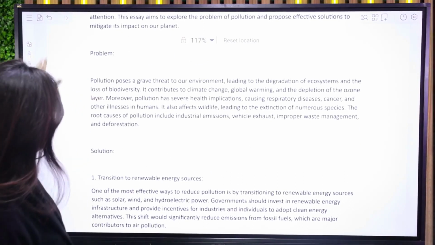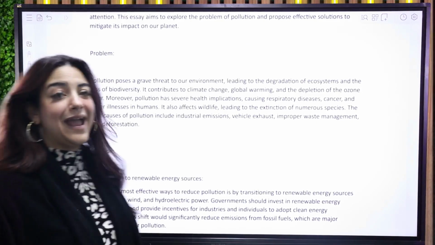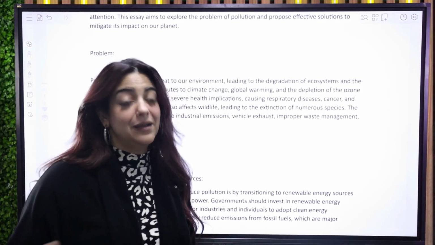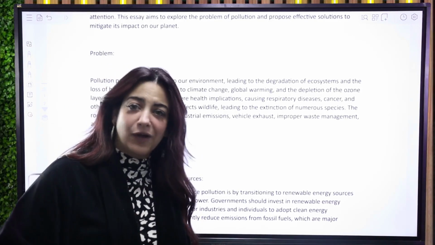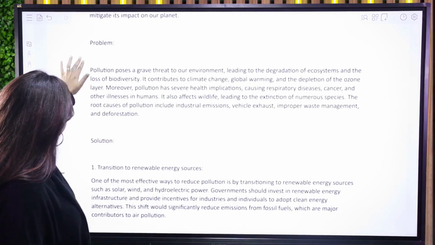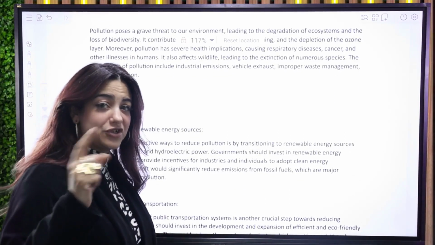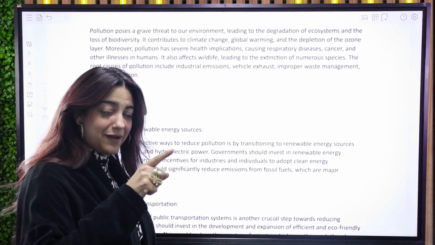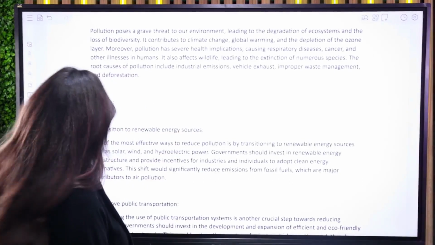So the problem here is talking about tackling the pollution levels and what it can do to humanity and our universe. Fine? Like giving examples of how it affects us. Fine? Step number 3 is the main body paragraph, tackling the solutions or discussing the solution to the problem.